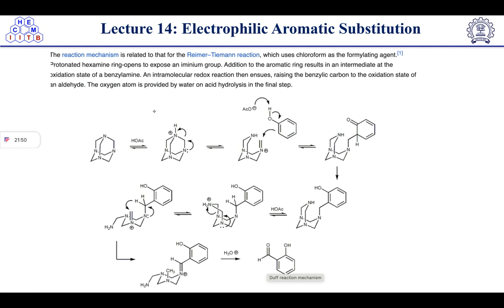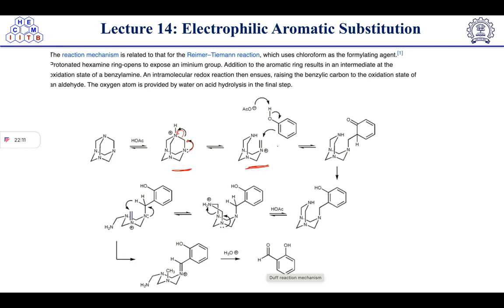So here we can say acidic, first of all protonation is taking place, right? After the protonation we'll get this intermediate, and this salt. Here you can see the nitrogen lone pair will push electrons here, and this bond will break, and it will form this type of intermediate, right?